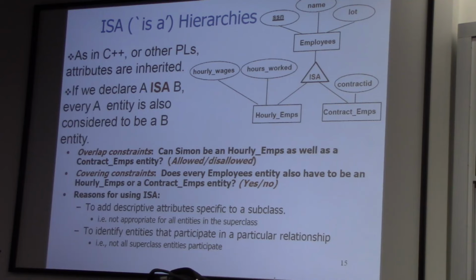For hourly employee, you care about the hourly rate and how many hours he or she has worked for your company. But you do not care about those two attributes for contract employee. But for contract employee, you care about contract ID, maybe some other attributes, which I'm going to omit from this example.